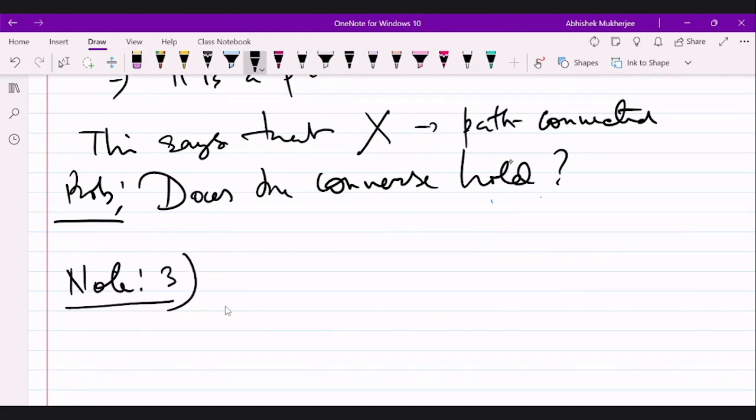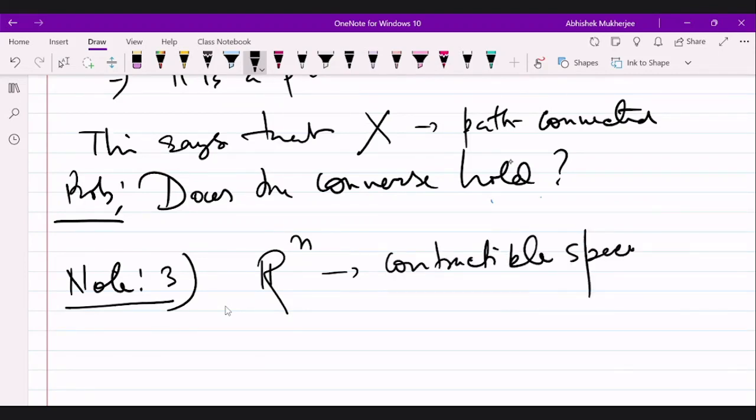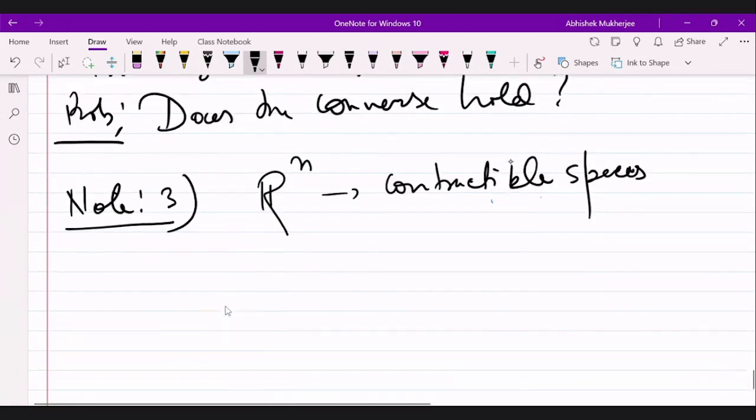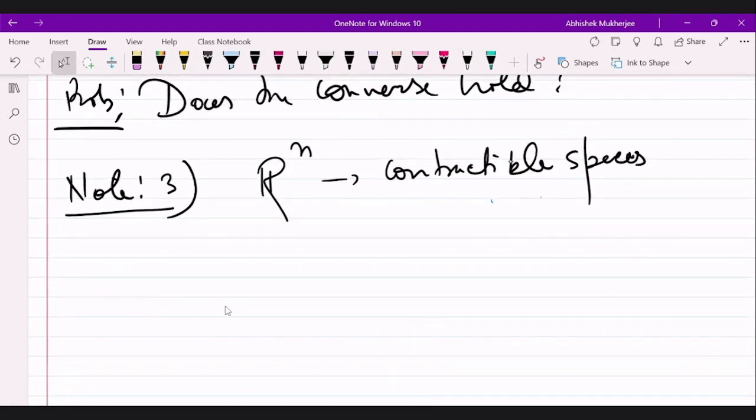Another note. Not only the real line, you will have lots of spaces that are contractible. Which are those? If you take any Rn, these are all contractible spaces. Why? Because of convexity, right?